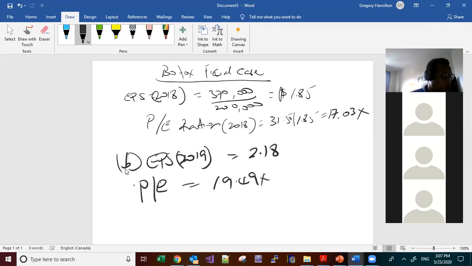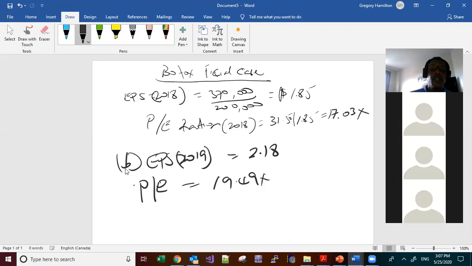Okay, so in C, we have to explain why the PE changed. The price increased by 34%. So we have a 34% increase in the price, while earnings per share only increased by around 17%. So that change would be what caused the change in the PE.